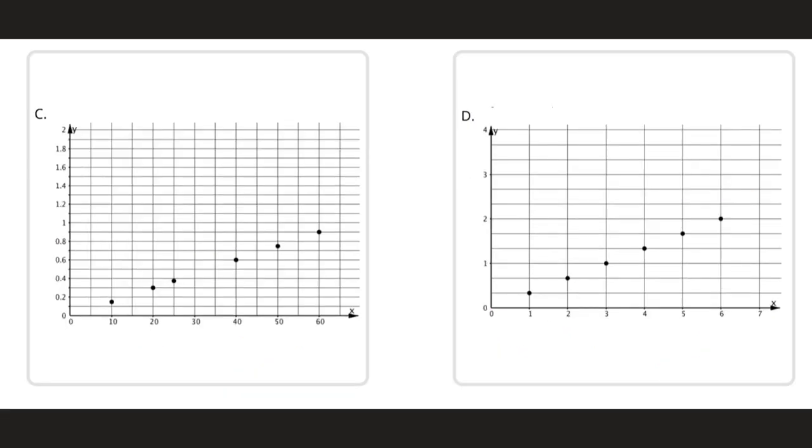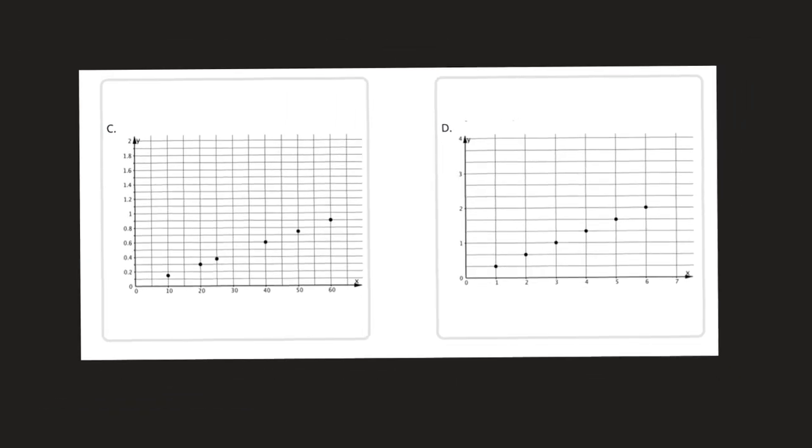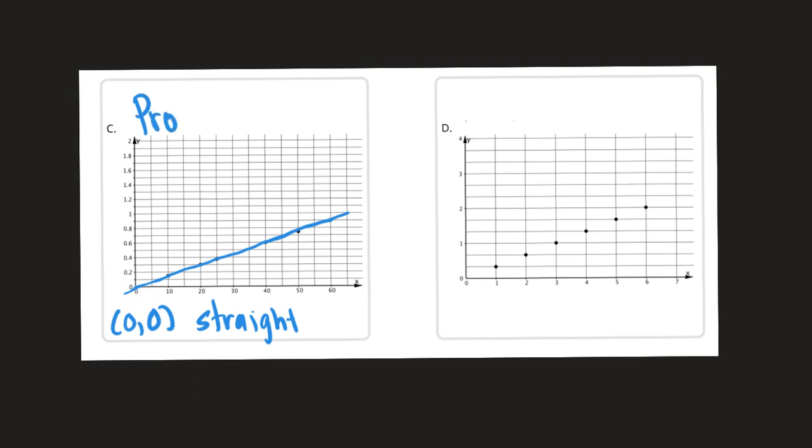The next one's here. This graph, if we draw this out, it looks like it's going to go through 0, 0. So it's going through 0, 0, and it is a nice straight line. So that means this would probably be proportional.